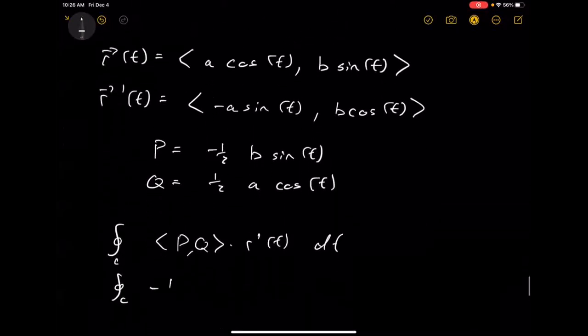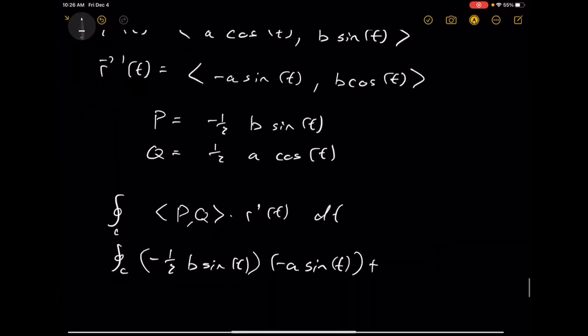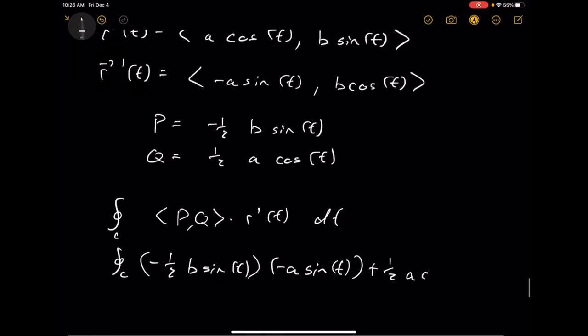Okay, it'd be negative 1/2 b sine of t times negative a sine of t plus 1/2 a cosine of t times b cosine of t dt.